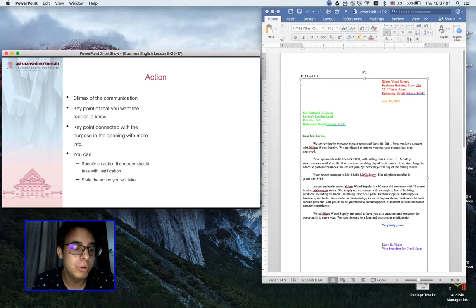So, for example, many times in our correspondence we're asking the reader to take action, and you explain why they should take that action with a quick justification. Or if you're the one taking action, you need to state what your action is and why you're taking that action.